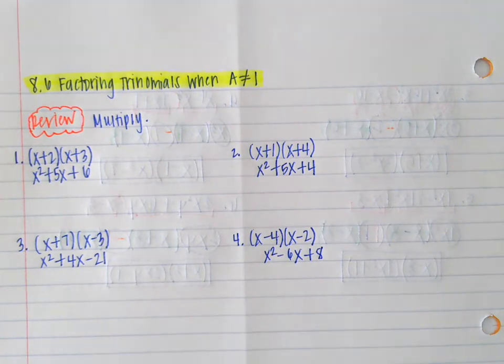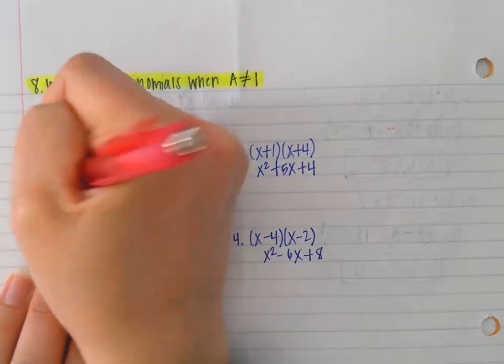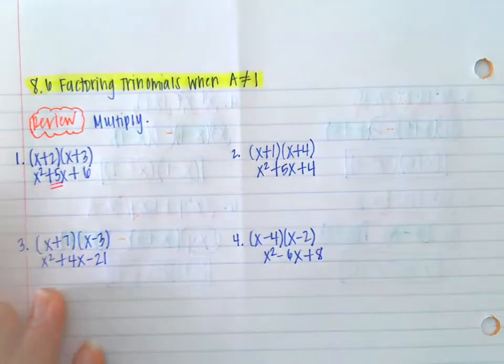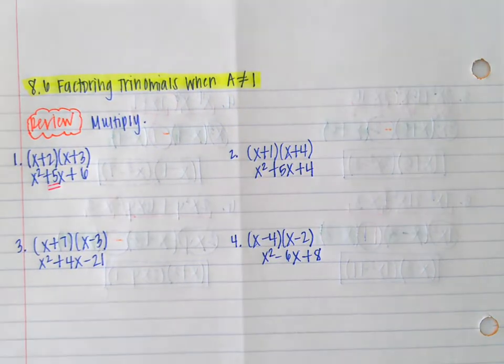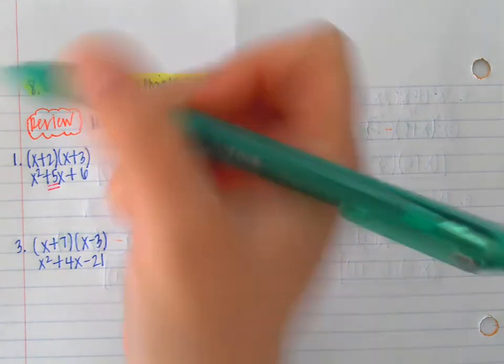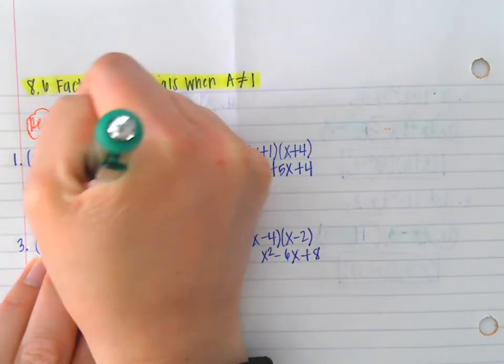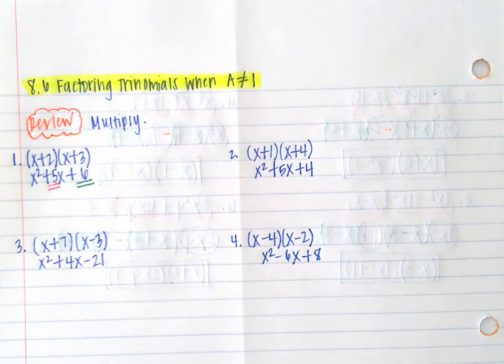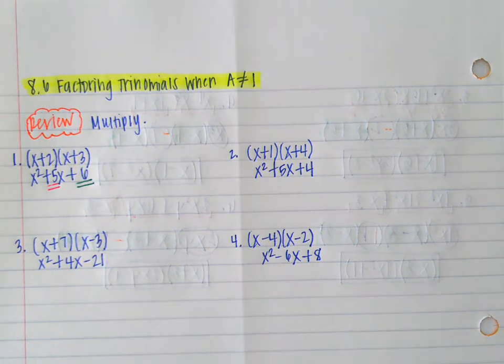Now, what I really want you guys to think about is these couple of numbers. I want you to look at my middle term and also your last term. Start thinking: how does 5 and 6 relate to 2 and 3?